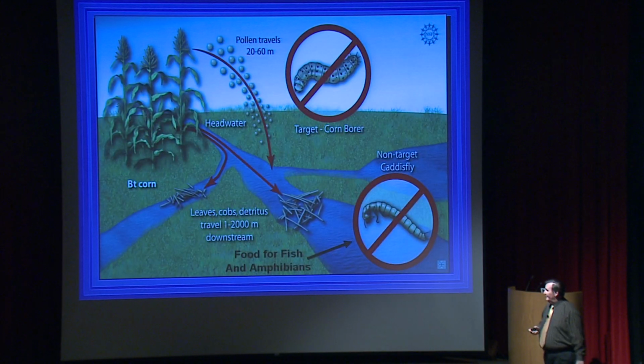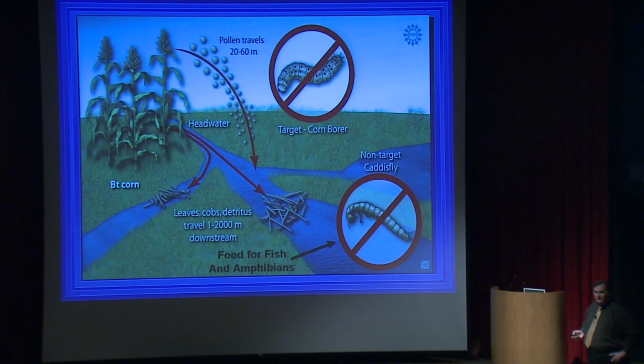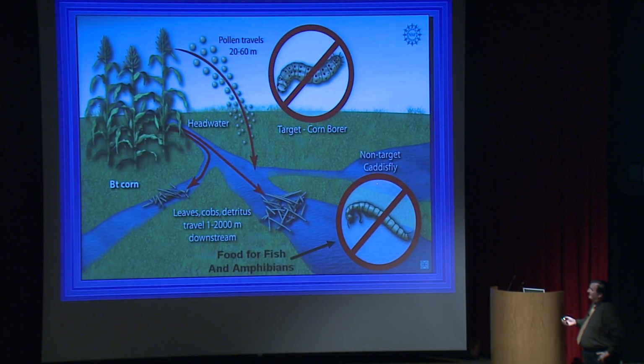So here would be an example of how this concern about the spread of the genetically modified organisms might be a problem. So you have the Bt corn over here. Through streams and floods and rainwater, the corn itself will spread downstream, sometimes quite long distances. And then there's this particular insect here, the caddisfly, which is not the target of the Bt gene, because farmers aren't concerned about this particular insect because it's not eating the corn, whereas the corn borer is.